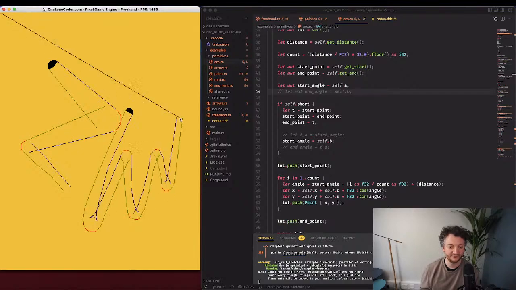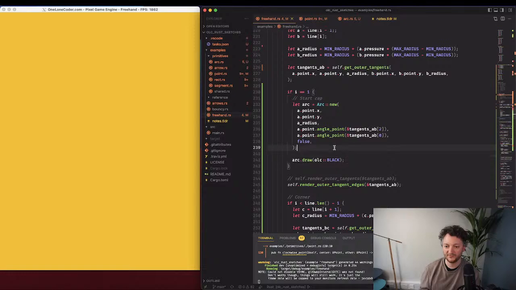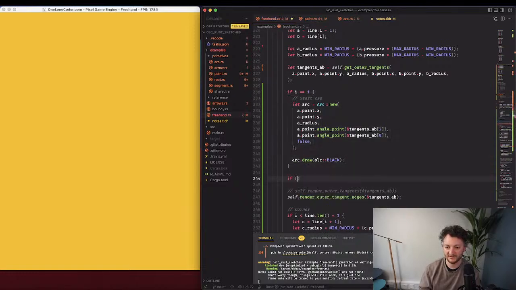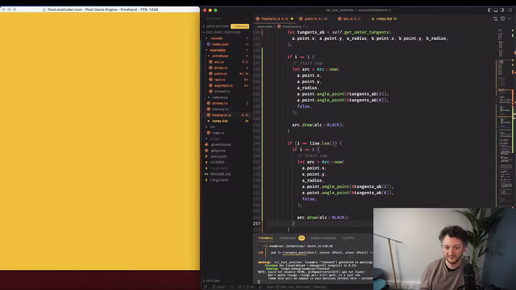Hey, there we go. Okay, so now we have a start cap. And now we want to do an end cap. And if i is 1, or i is line.length, I will never be able to stop putting parentheses around this.